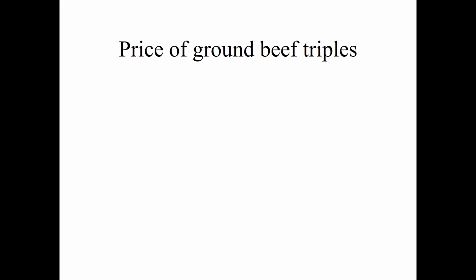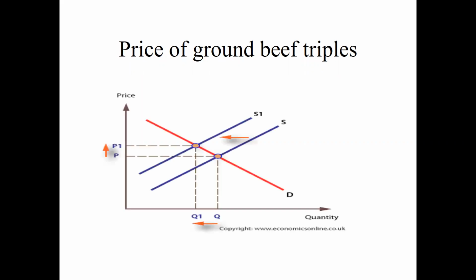Take some risks. If you're not sure, it's okay. That's how you learn. All right, we're knocking out supply here. It is a resource. You need ground beef to make hamburgers. I am going to shift supply left. Price up, quantity down. There's my arrow.